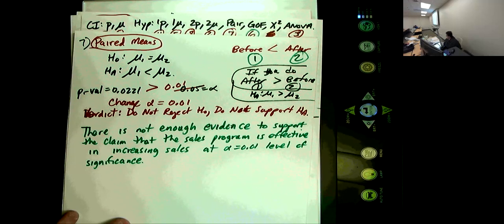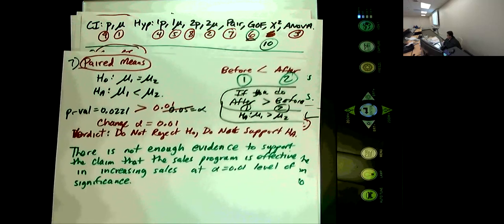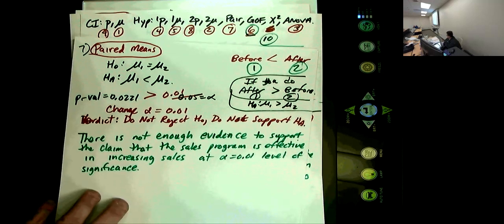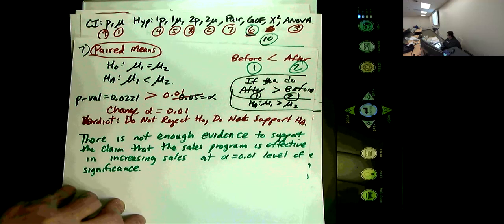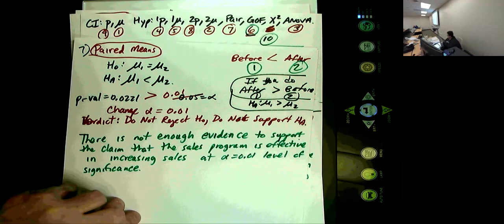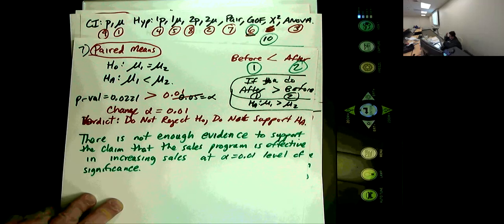If it's not life-threatening, or you don't have millions of dollars or some huge budgets riding on it, use 0.05. There's no reason to go stricter. But for your presentation, use whatever alpha you want, as strict as you want. In general, tend to stay with 0.05 unless it's super important where you tighten it down.